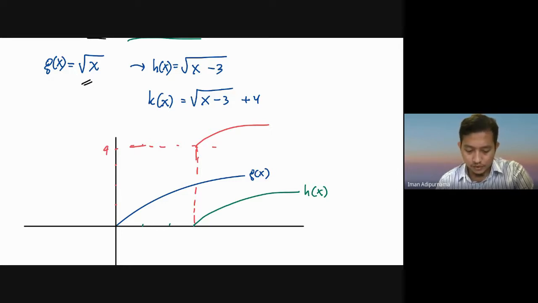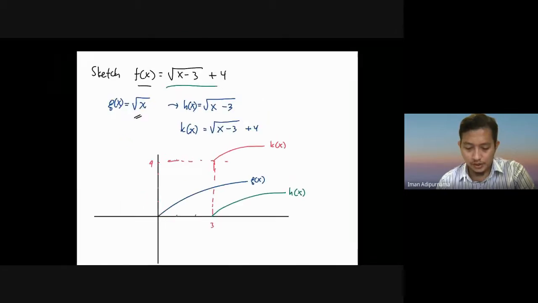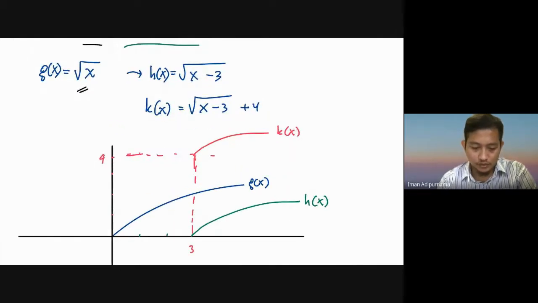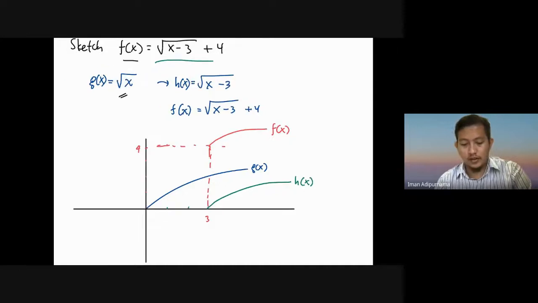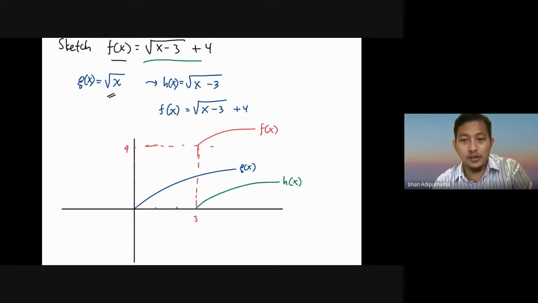This is 4, this is 3. So maybe this is our function here, or maybe this is just f, right? Okay. And that's how you make a transformation from the functions that are familiar to you, that you already know how to draw.